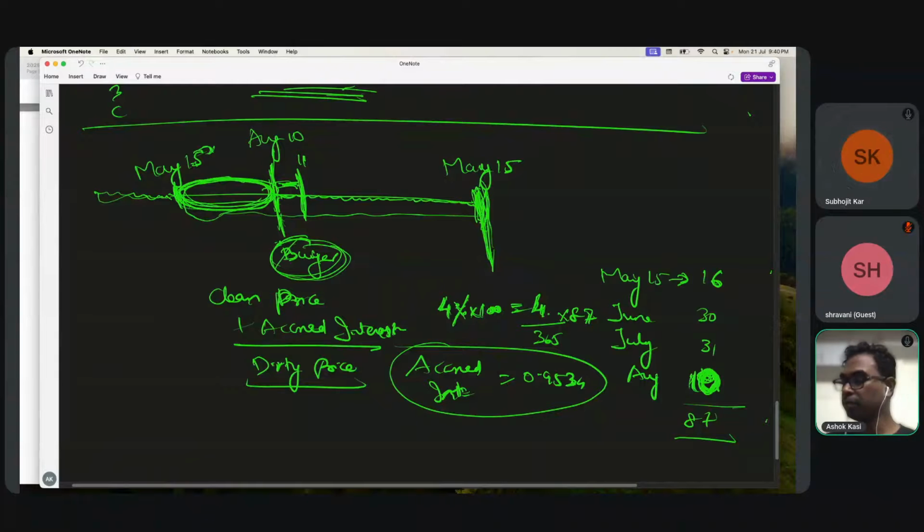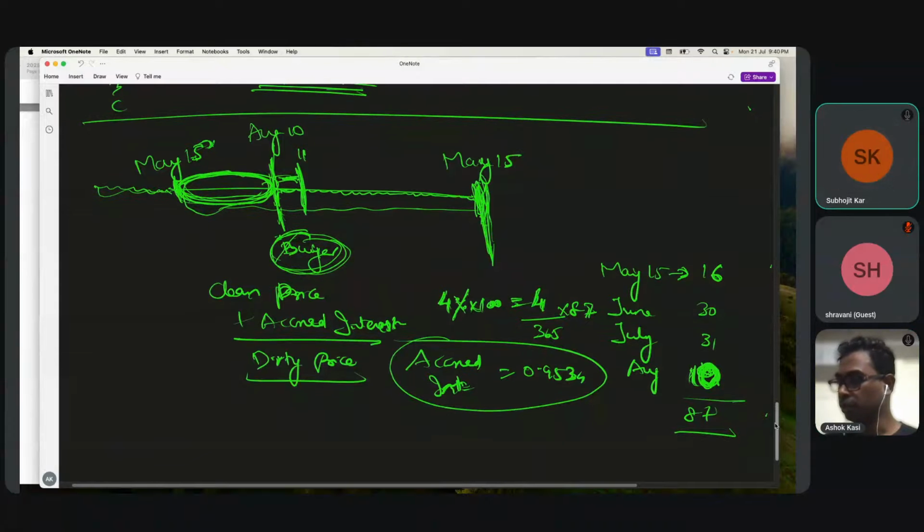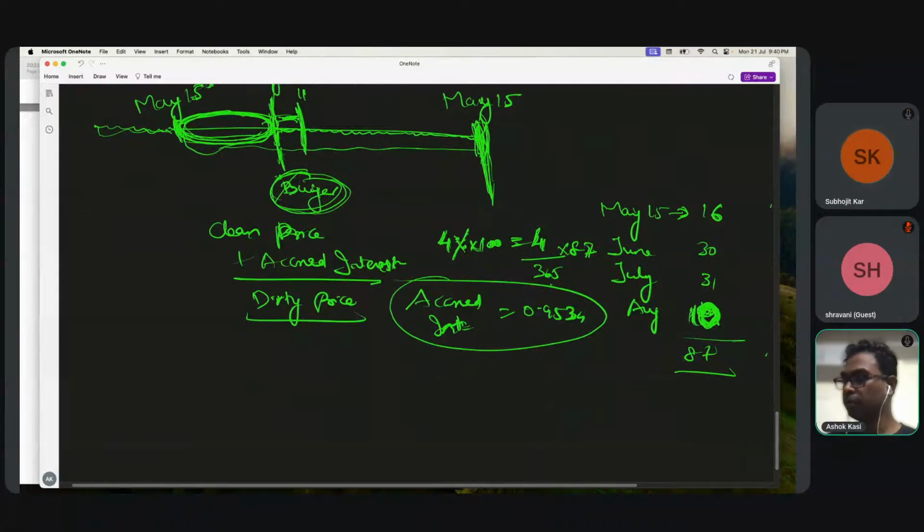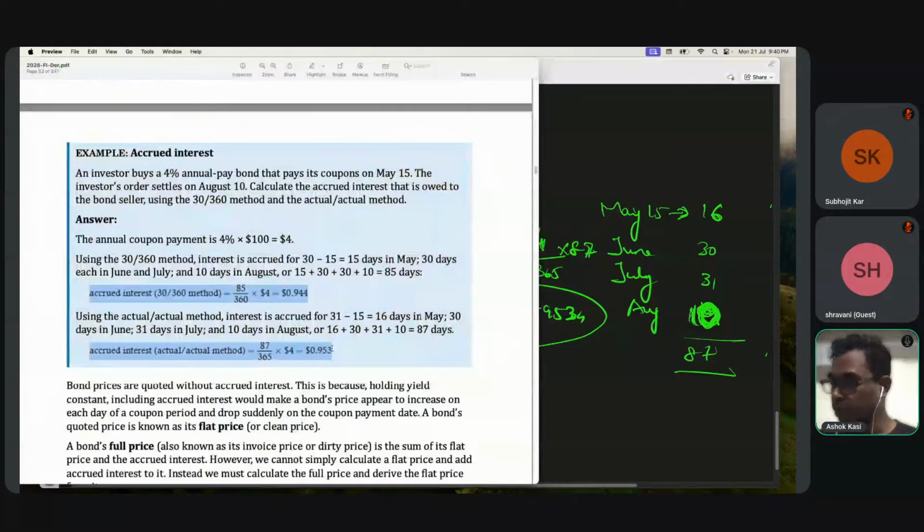So it is like 87 days out of 365 into 4, no? Yeah, correct. 87 divided by 365 into 4. Okay, so 0.953, this one.